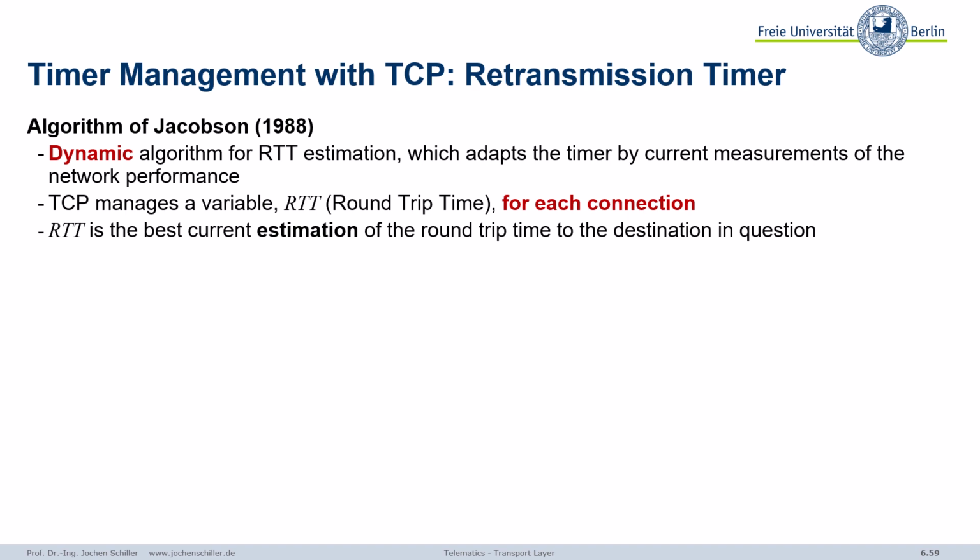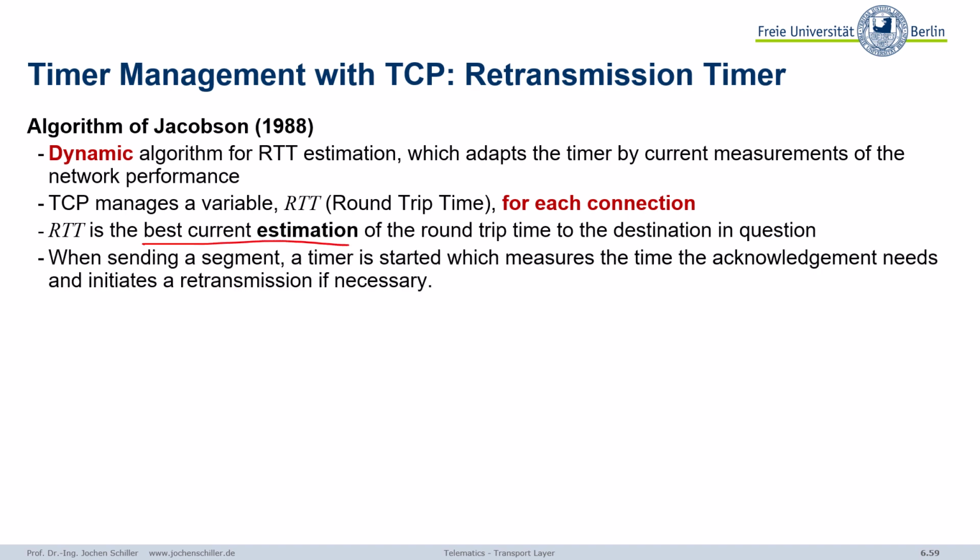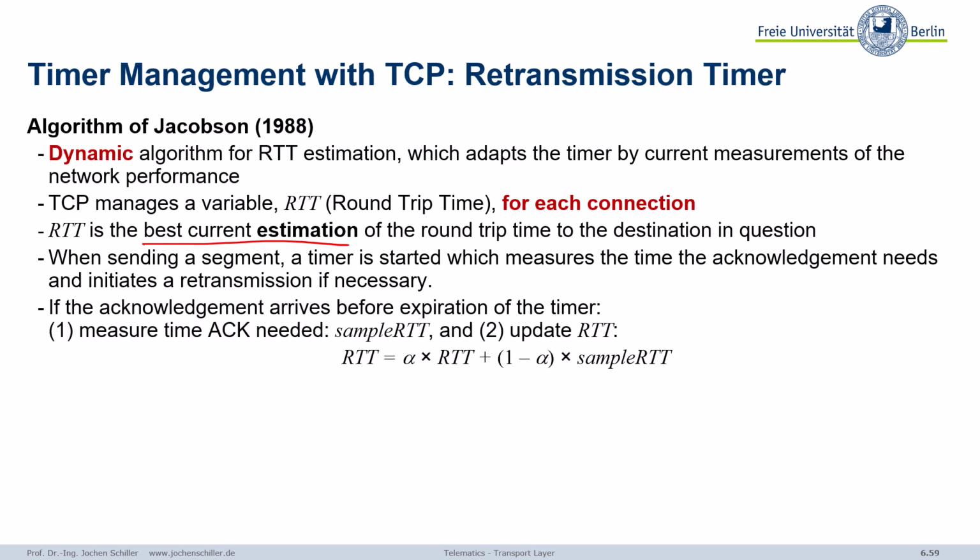Well, it's quite a lot to do, but we have this RTT, and the RTT is the best current estimation of the round trip time. So each time you send a segment, you start a timer, and you measure how long it takes before I receive an acknowledgement. And if necessary, I initiate a retransmission.